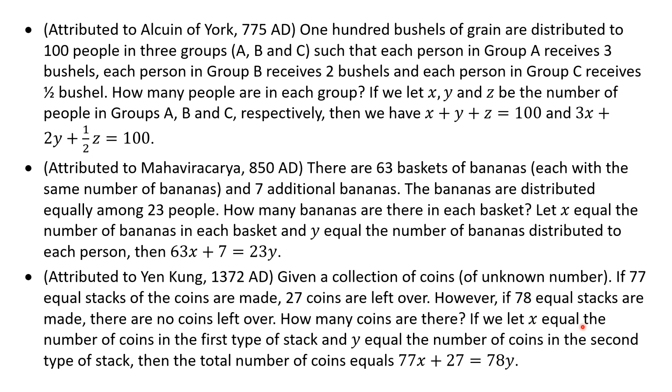If we let x equal the number of coins in the first type of stack and y equal the number of coins in the second type of stack, then the total number of coins equals this here. So, in other words, we have 77 stacks each with x coins, and there's 27 left over. And then in the second case, we have 78 stacks, but there's y coins in each one of those.